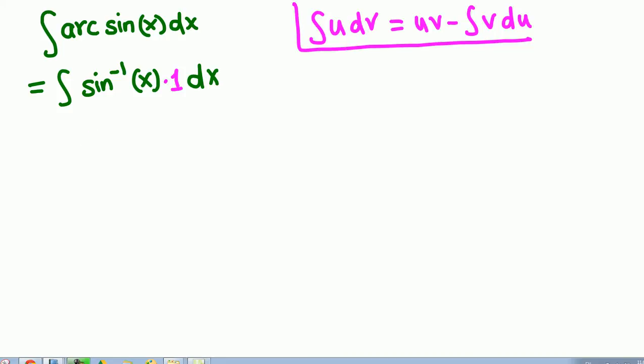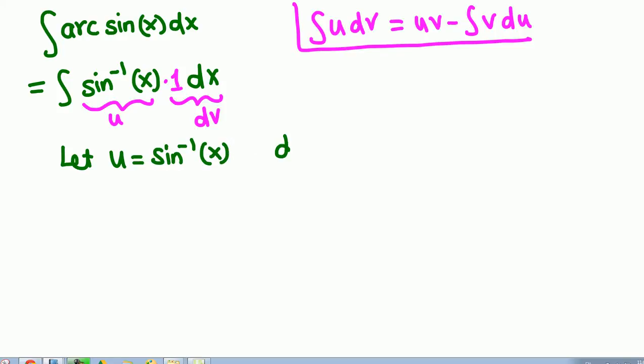So this is our u and the remaining part is dv. Let u be sine inverse x and dv be 1 dx, or just dx.